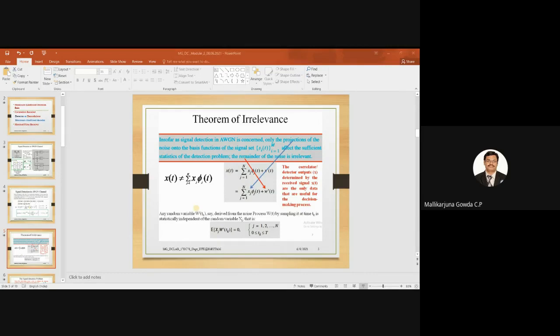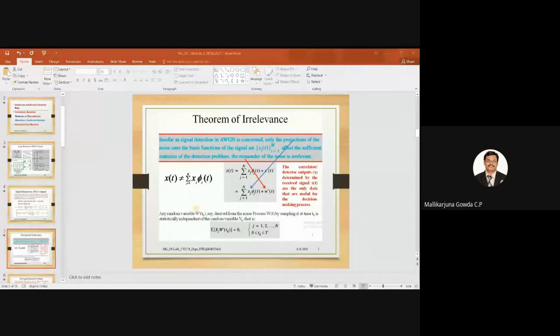X of t is equal to summation j equal to 1 to n of xj phi j of t plus x dash of t. So it is possible to say something about the statistical satisfaction with respect to only the first term. That is the meaning of the previous equation.